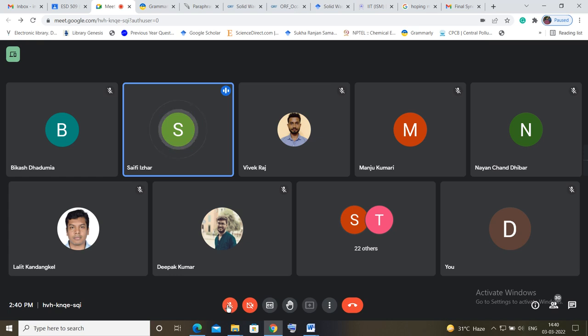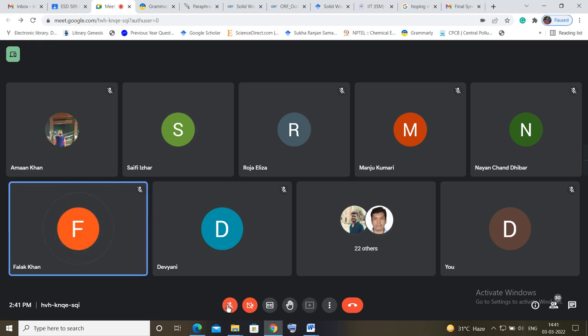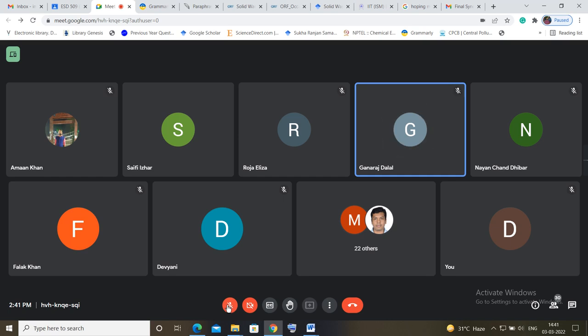Rahul Jatav, Rosa, present. Aman, present. Devyani, present. Palak, present. Dhanaraj, present. Nimesh.